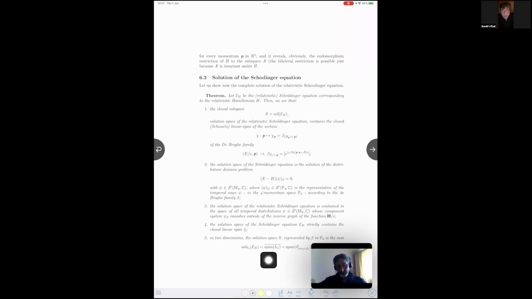It is the closure, with respect to the usual topologies, of the vector space generated by all the Dirac distributions centered on the graph G, which is explained on the next page, plus a very singular term generated by the derivative of the Dirac delta, and the energy component is nothing more than the relativistic invariant m0 c from the beginning of our talk.